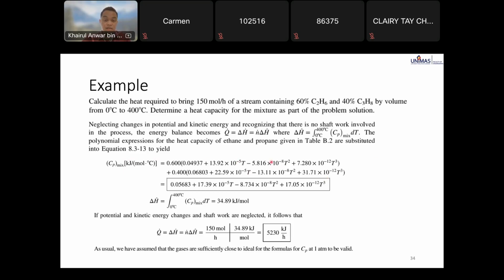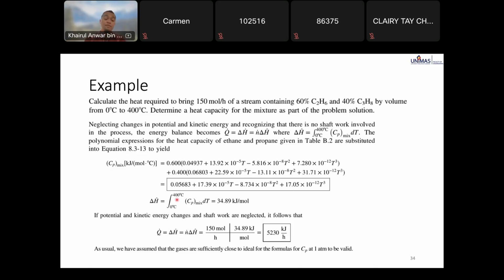So simplify the equation because it's a Cp mix, meaning expression Cp for ethane plus expression Cp for propane, then you simplify, meaning solve it in T, then put it in the equation and do the integration from 0 to 400.